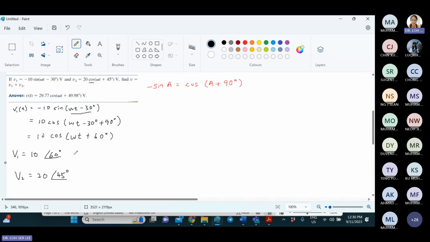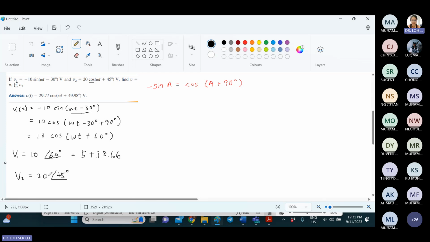And we want to change into rectangular form because we want to find the sum. So for rectangular form, use the calculator, 10 cos 60, you get 5, and then 10 sine 60, you get plus j 8.66.